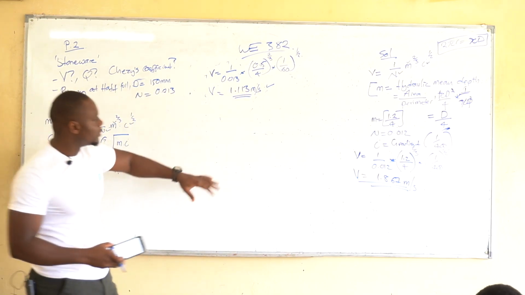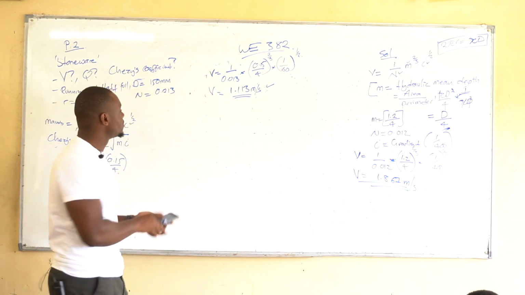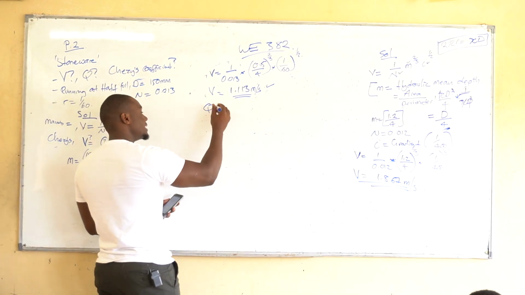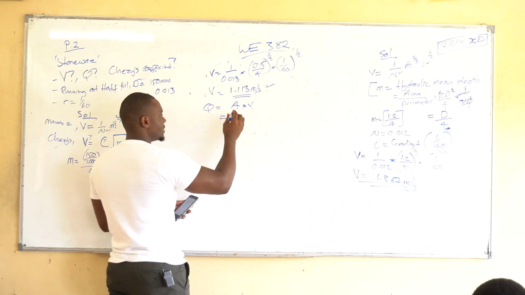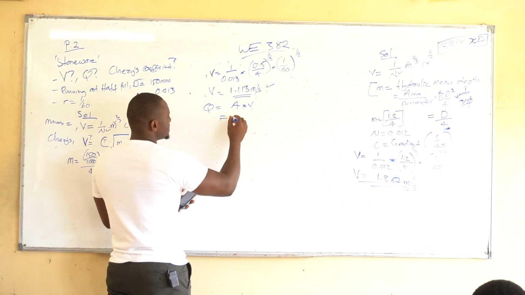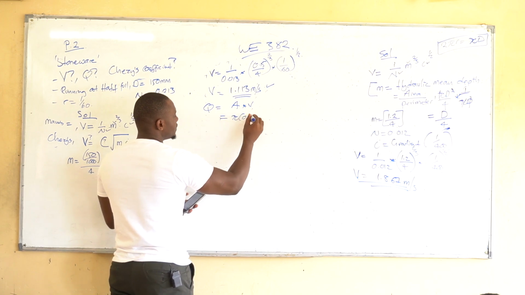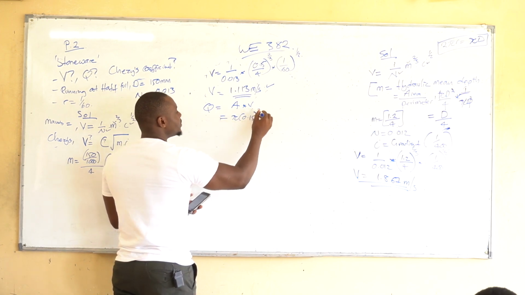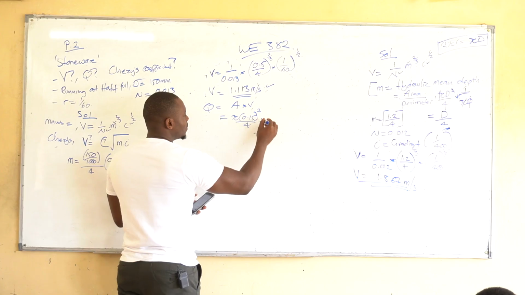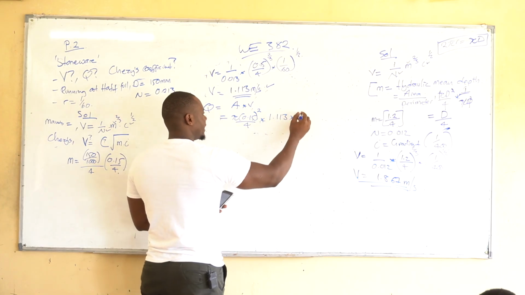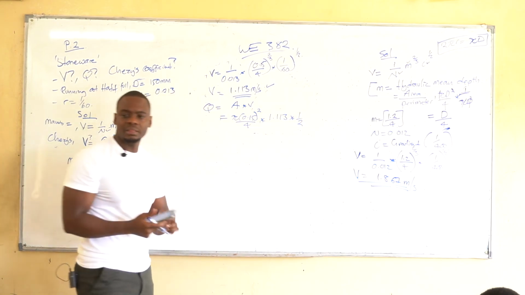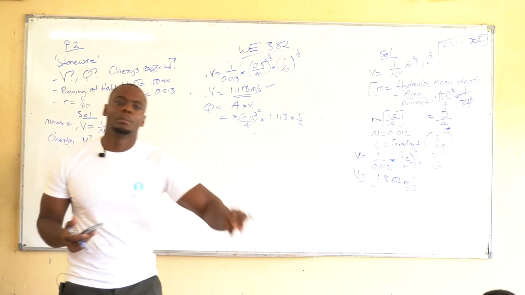But then we know that the moment you find your velocity, it's easy to find the discharge, which is area times velocity. So our area is pi times 0.15 raised to the power 2 over 4, multiplied by the velocity which you have found, multiplied by half. We know where the half is coming from because it's half full.